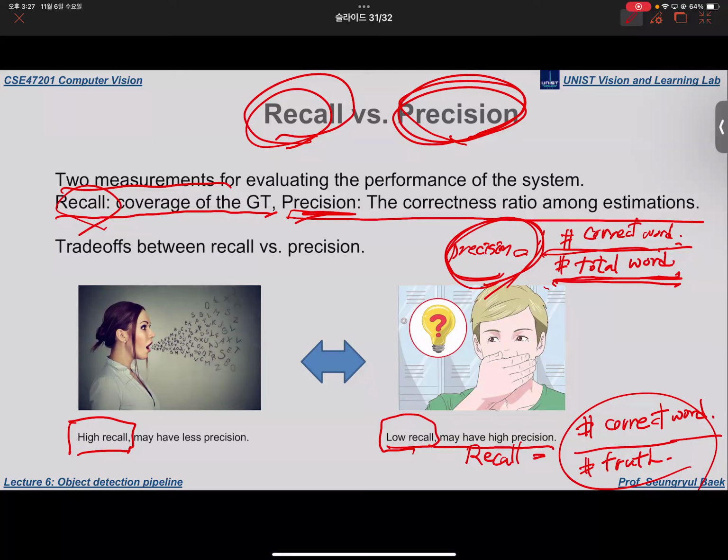In that case, that person has high precision because he always tells the truth. But the truth in the world will not be properly covered by that person's words, right? In that case, that person is also not useful, right? Of course, this kind of system is also not useful.